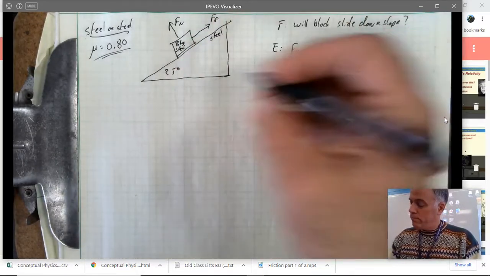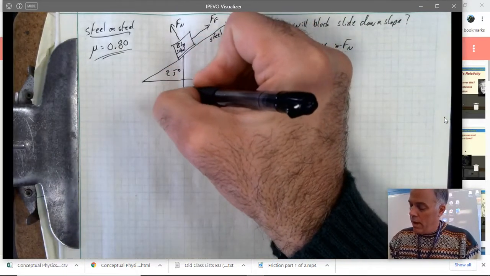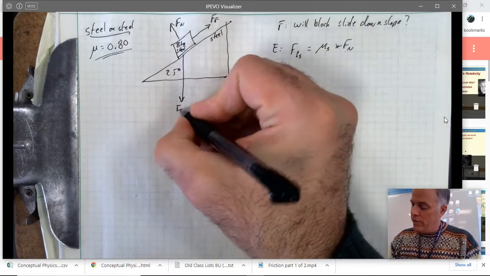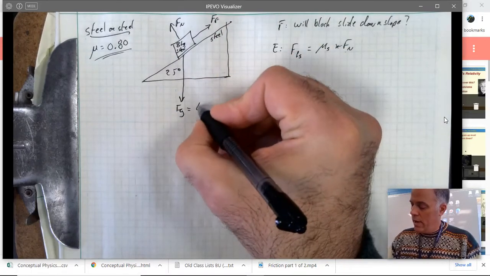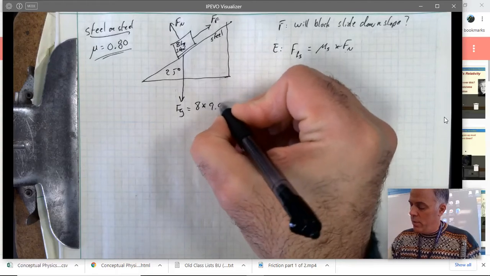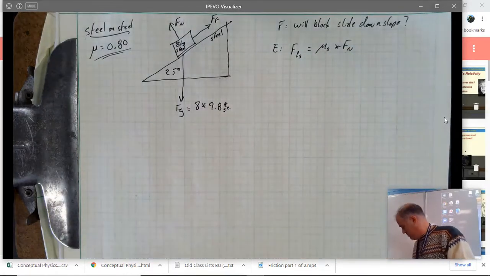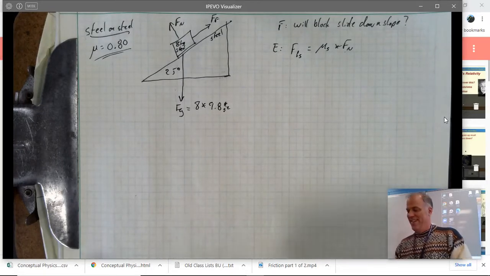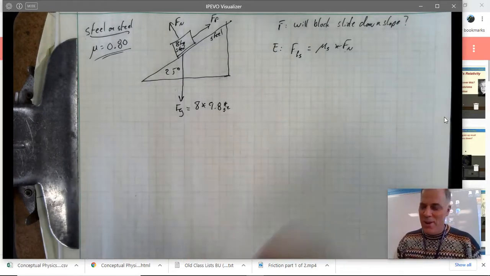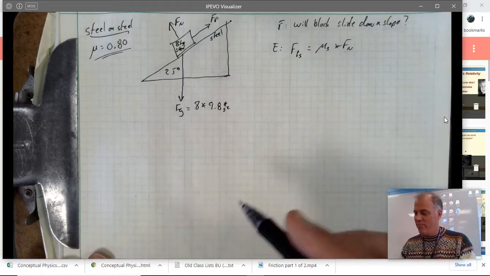Okay, so the block has weight, F sub g, and that is equal to 8 times 9.8 meters per second squared.